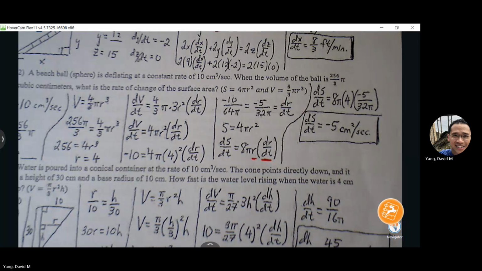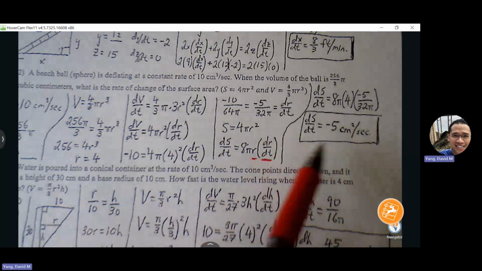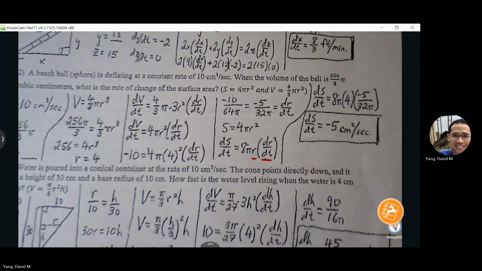The beach ball is deflating, so the volume is decreasing, and it makes sense that the ball is getting smaller, so the surface area is decreasing. Interpret it however you want to.